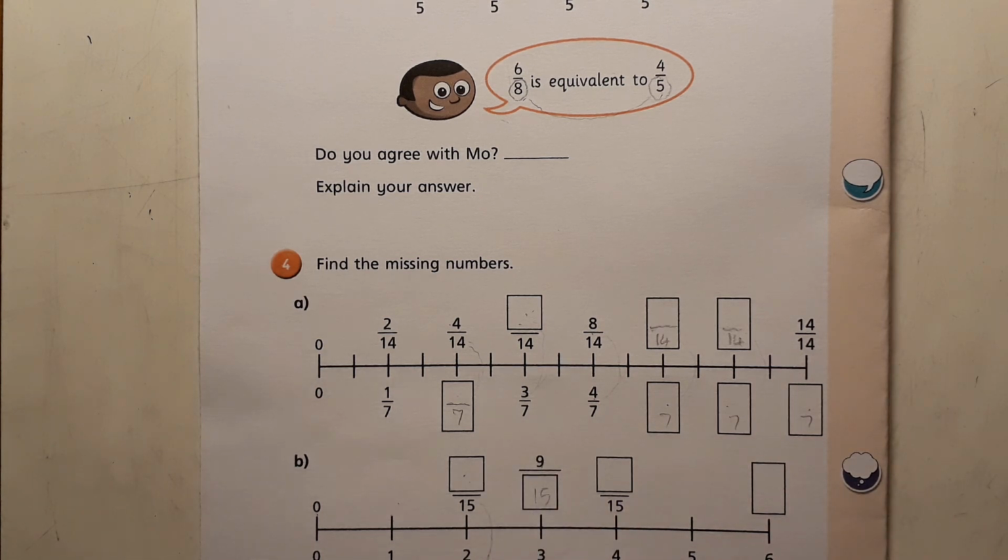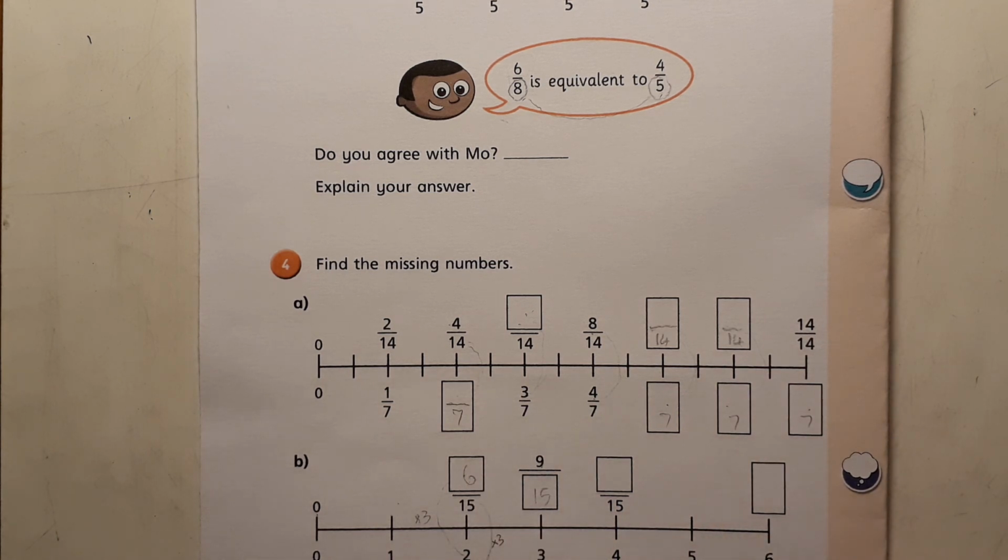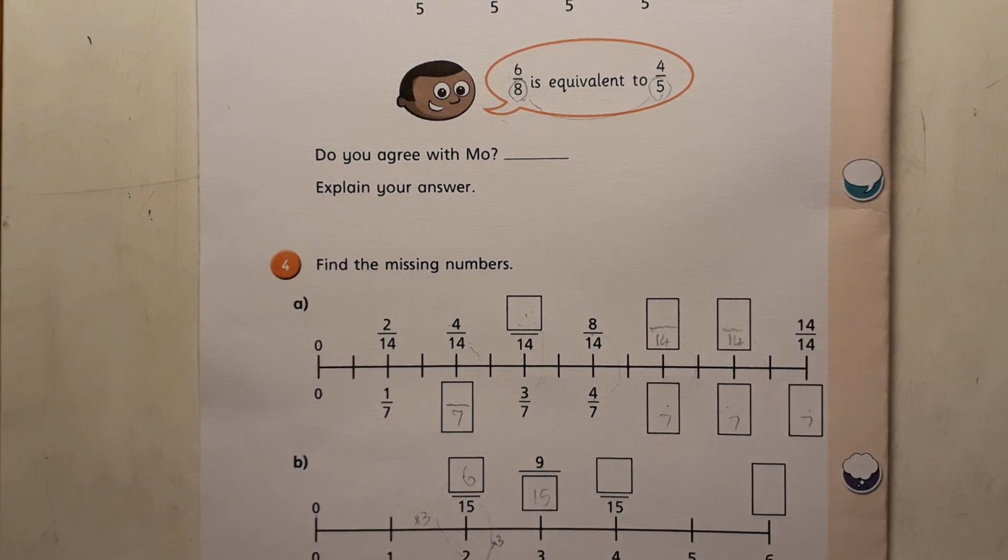We could also look at what's happened to our 5 to make it 15. Well, it would have been multiplied by 3. So we need to multiply our numerator by 3. And there's our 6. I'm going to leave you to crack on with that one.